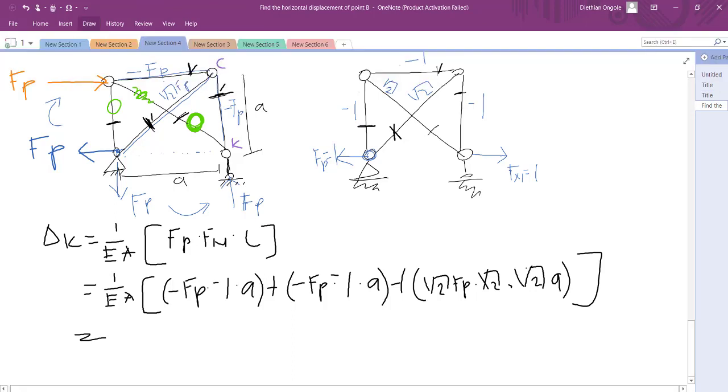So this would be equivalent to 1 over EA into, this would be giving us a 2.